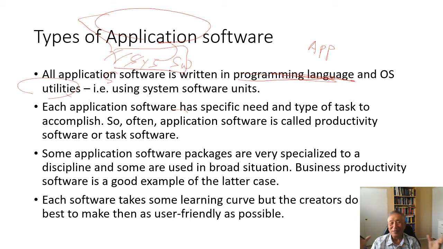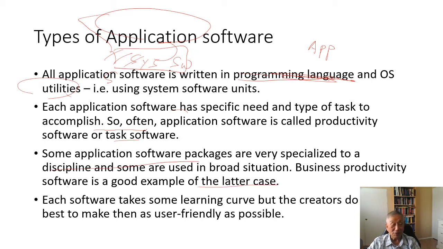That makes the window too crowded. But a smartphone is slightly different: you choose and have just a few things that you want to use all the time. So this is more like those specific needs. Some application packages are very specialized, and some are broad.